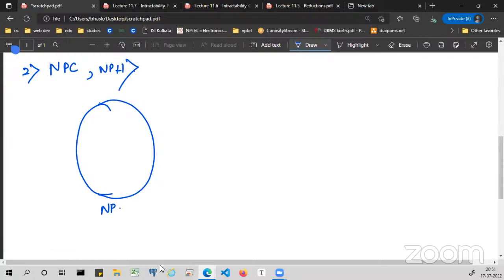Okay. Now the thing is, if you are a researcher, maybe in academia as well as in industry, and you have been given a real life problem and you have to give the most optimum solution to that real life problem, right?